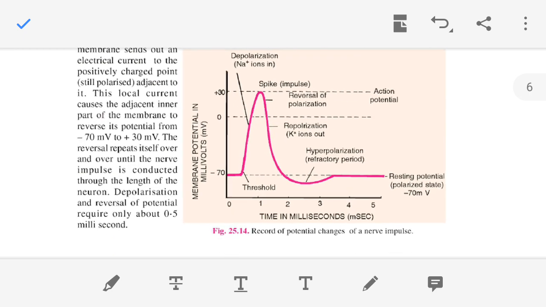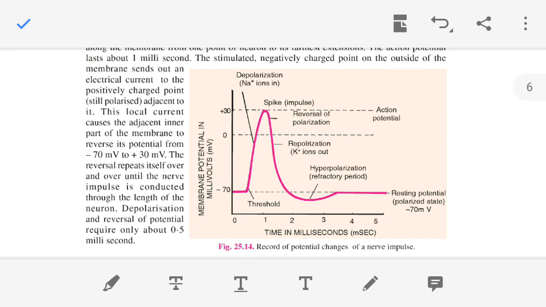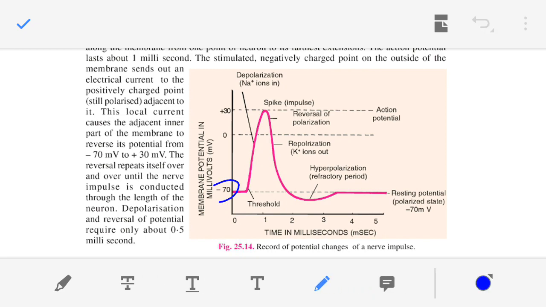First, let's try to understand this graph. On the x-axis they are showing time in milliseconds. On the y-axis they are showing the membrane potential in millivolts. This is minus 70 mV, which means this is the resting membrane potential.